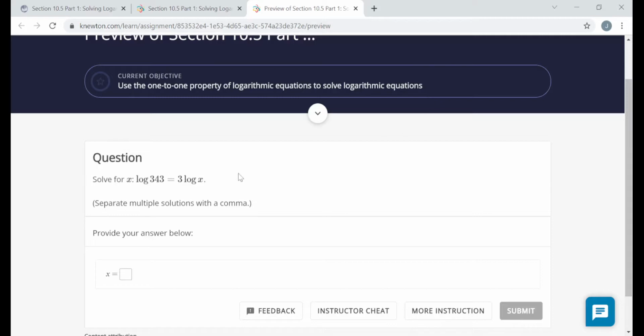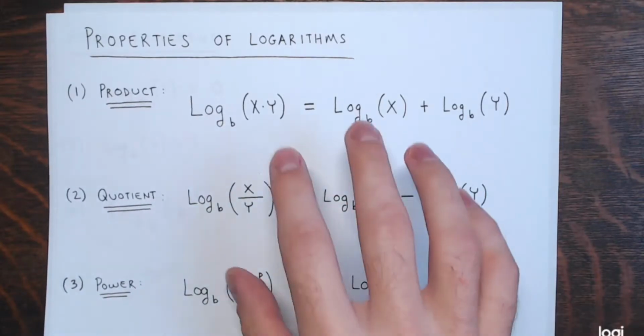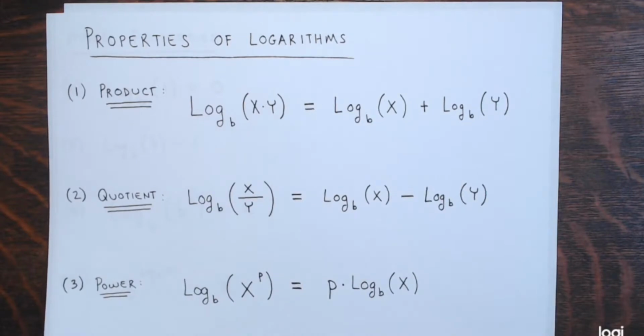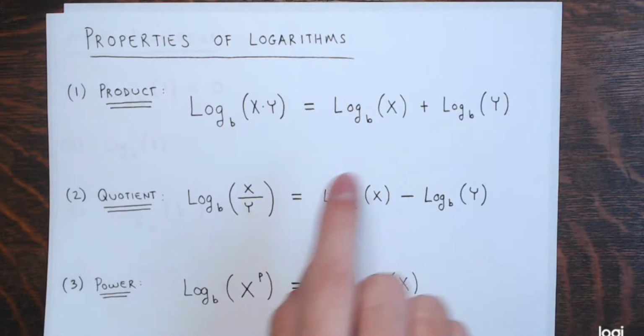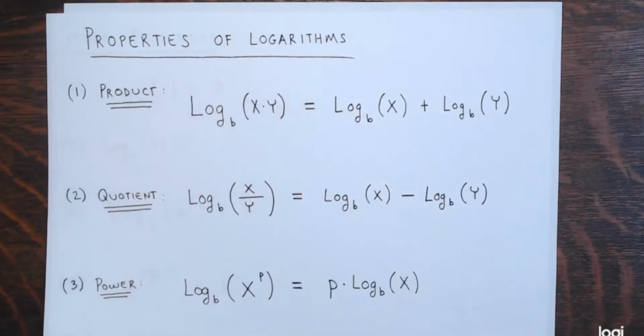Before I get into this question, let me just refresh your memory on some of those properties. These were actually brought up in section 10.4 part 1 and part 2 as well. We're going to be using these properties in the other objective. Remember the product property, the quotient property, and the power property. I'll refresh your memory of these later when we need them.